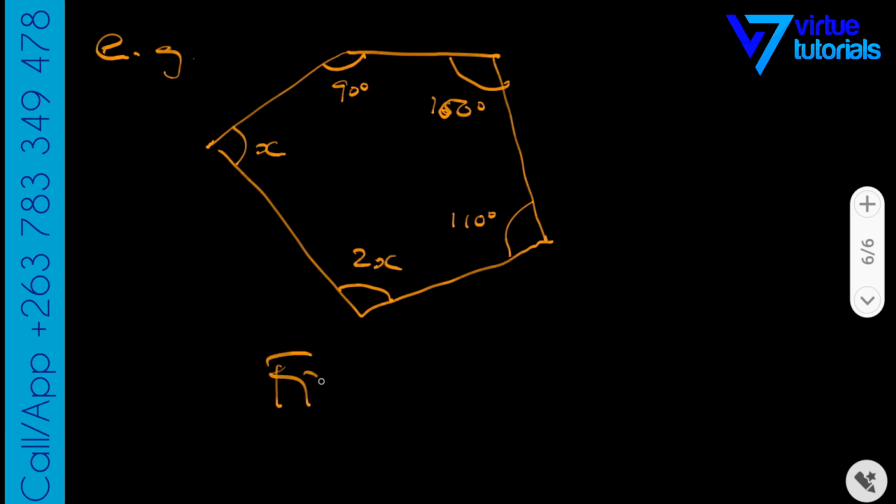And you're asked to find x. So here's a shape here, and you are asked to find x there.